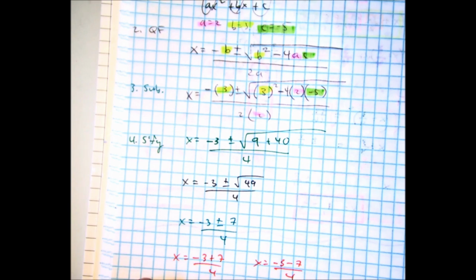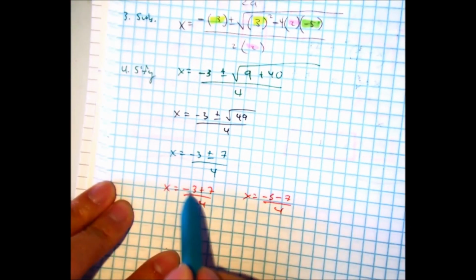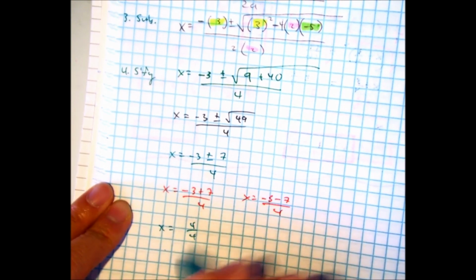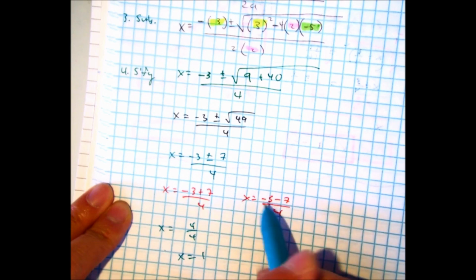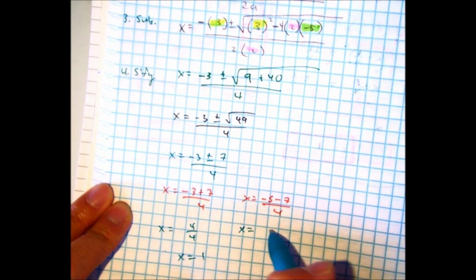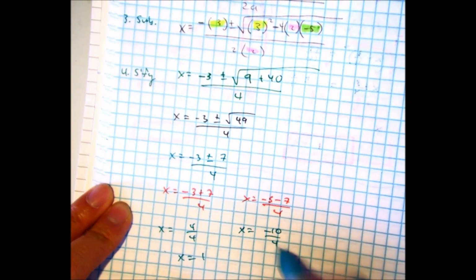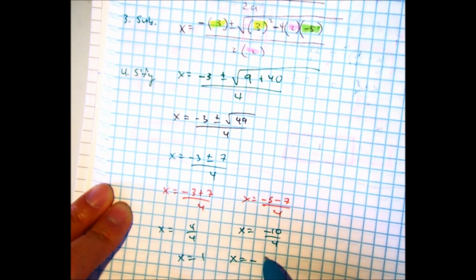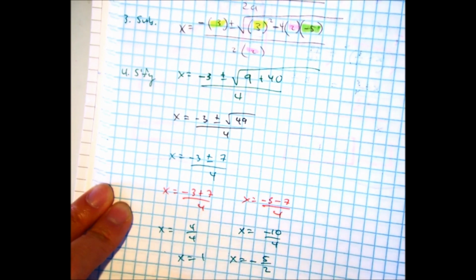There I'm splitting the plus or minus at the very end. Class, -3 plus 7 is 4, and 4 over 4 is 1. -3 minus 7 is -10, and -10 over 4 is -5 over 2.